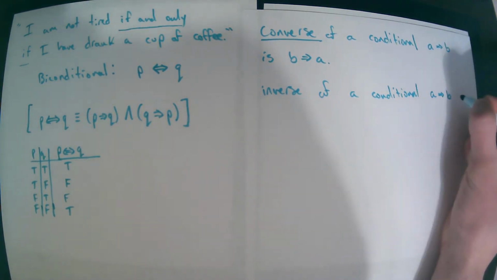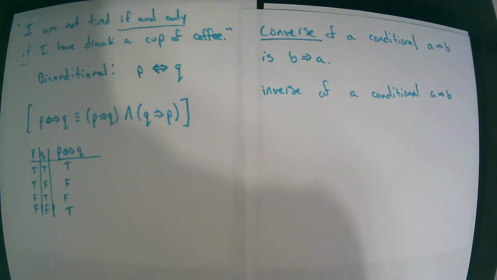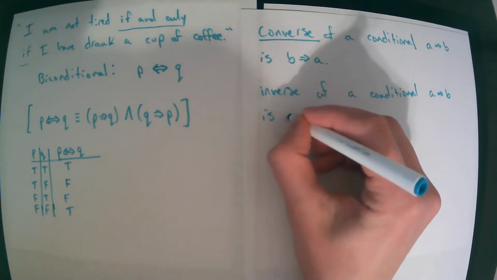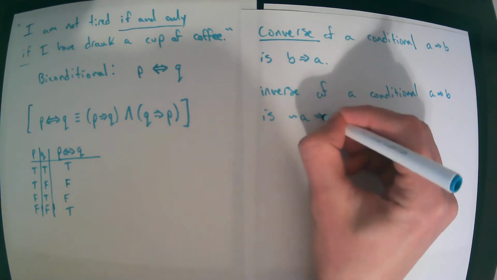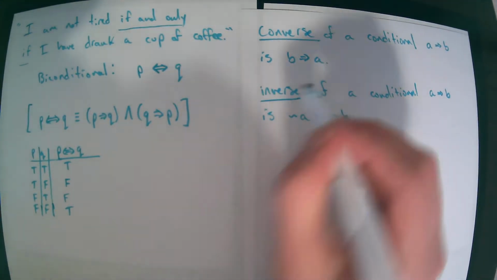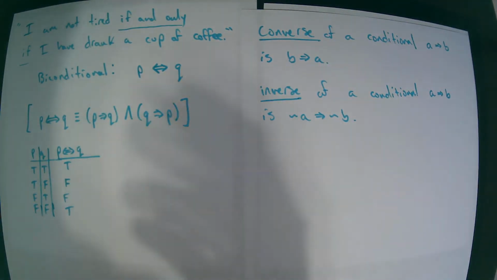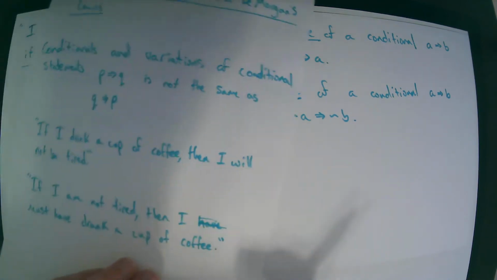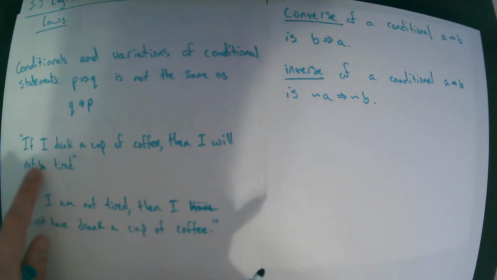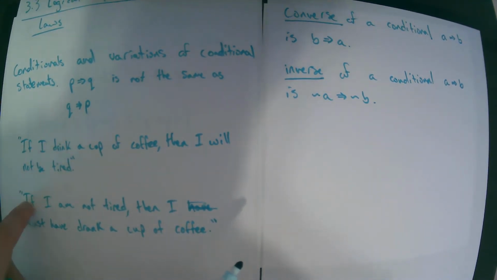The inverse of some conditional, A implies B, is the negation of A implies the negation of B. So the inverse, which is a new thing, for this statement would be: if I did not drink a cup of coffee, then I will not be tired, which, let's say, awake, right?